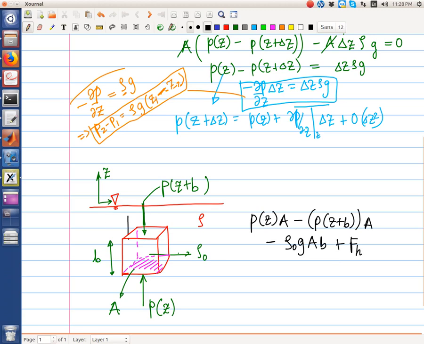Let's say there's a holding force in the positive direction. So at equilibrium all this must be 0.